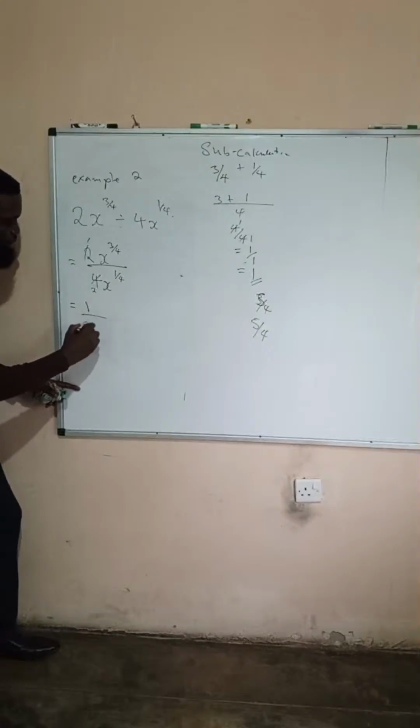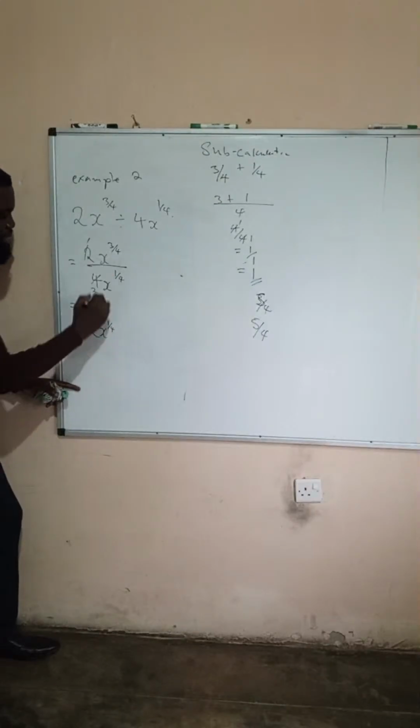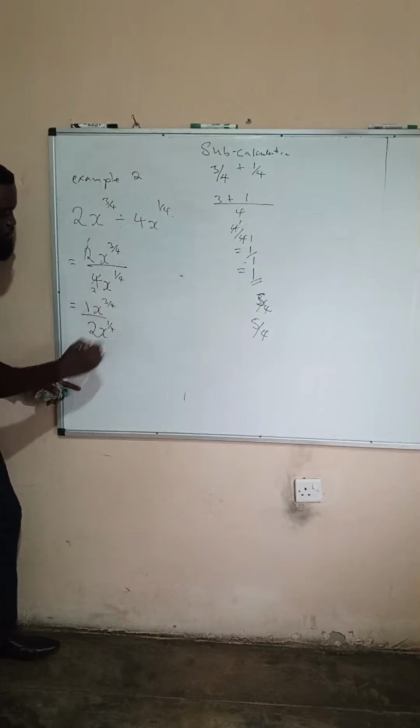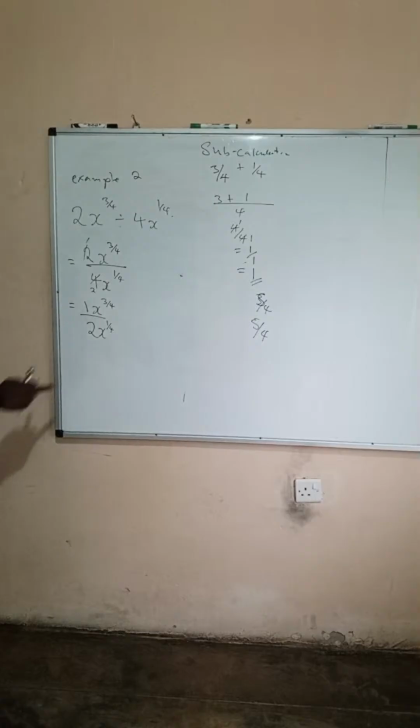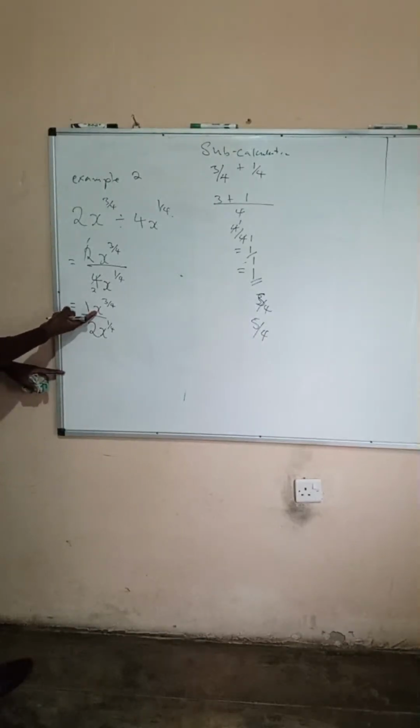And then here in front, it's like this. 1 over 2. This is x to the power 1 over 4. And then here it is x to the power 3 over 4. Okay. So, I'm dividing this and this. This x is also dividing this x.